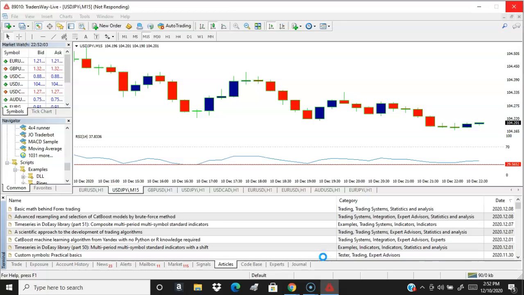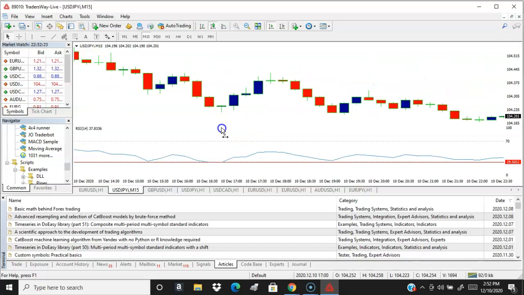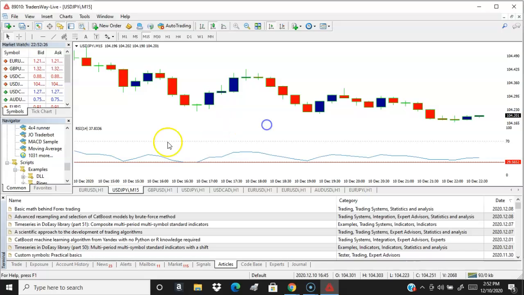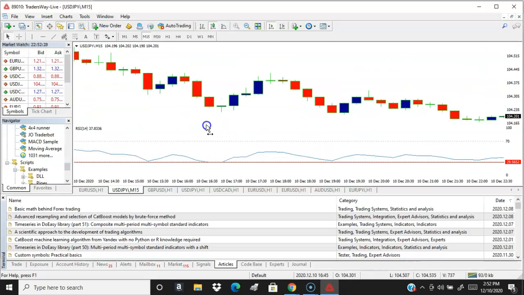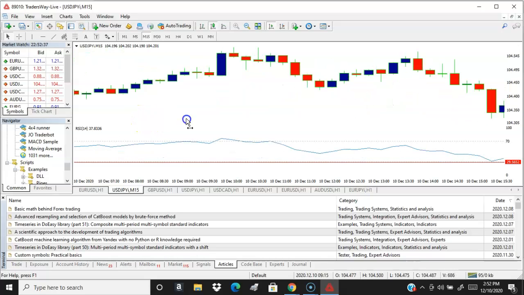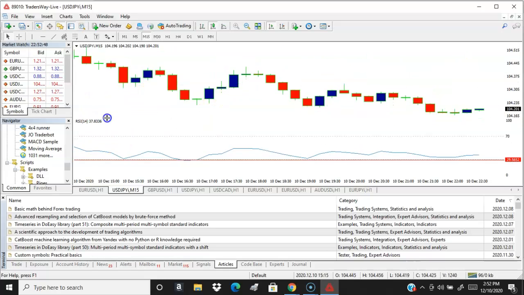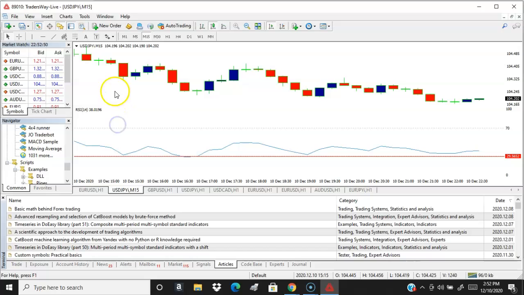Okay. So this is not a hammer per se. Let's see if we can find one on this chart. Maybe not on this chart. Oh, here's one. Let me go back.